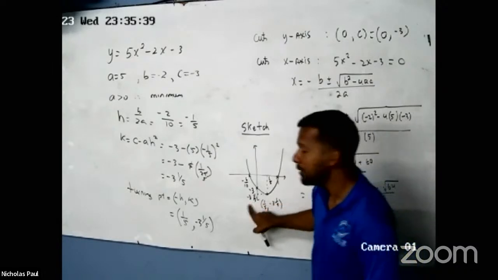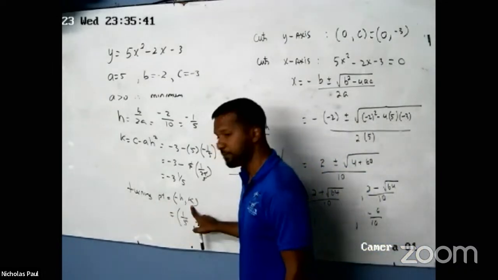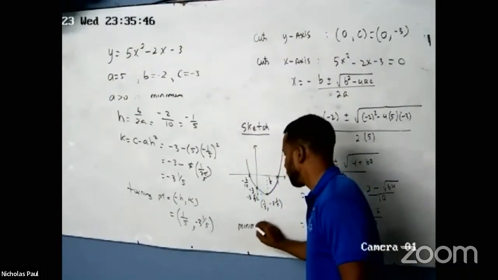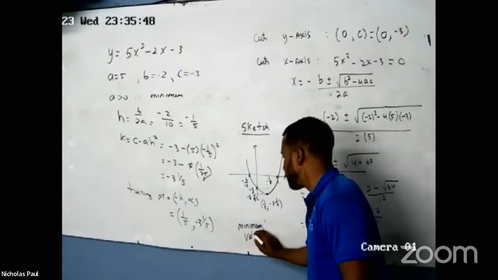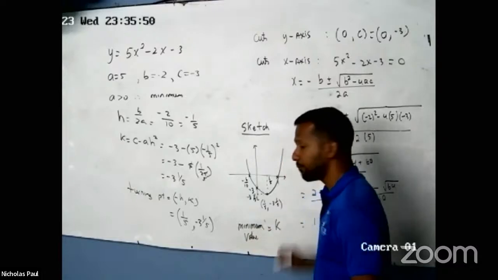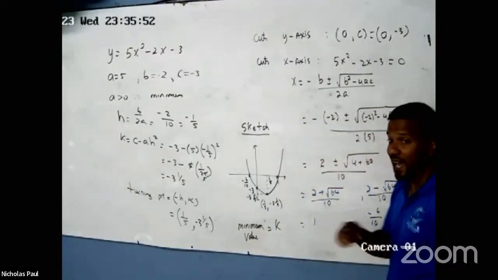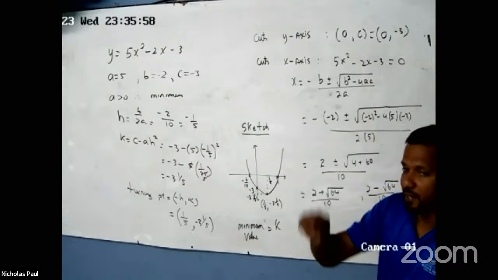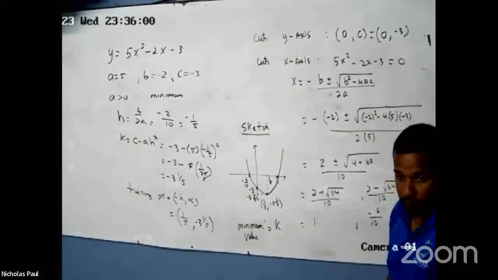And you will learn that the minimum value is always key. What's the x value that gives you the minimum value?